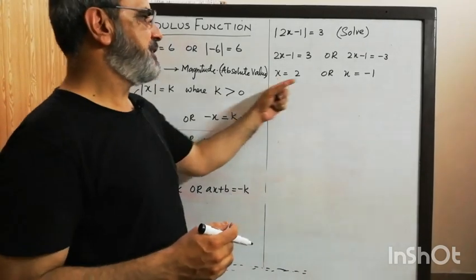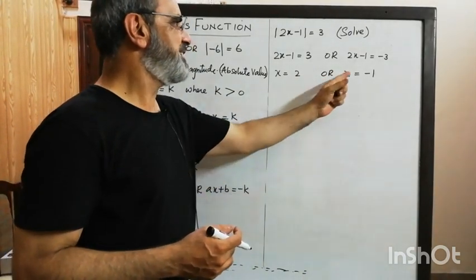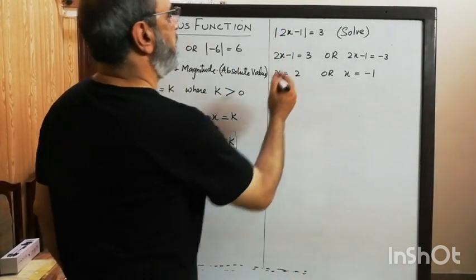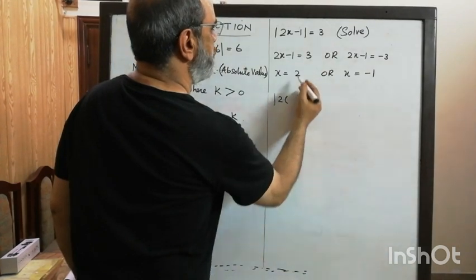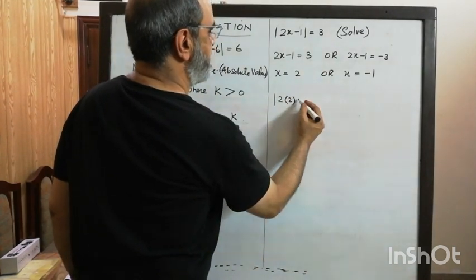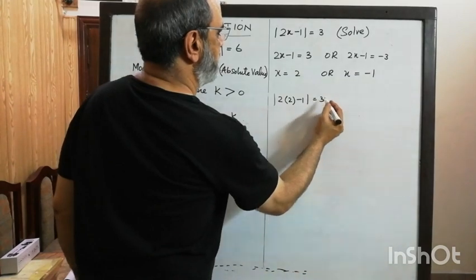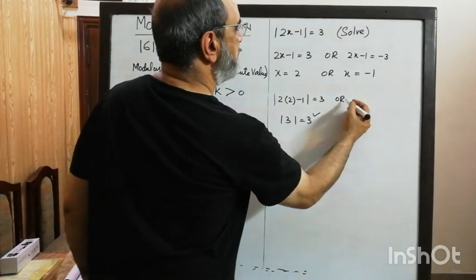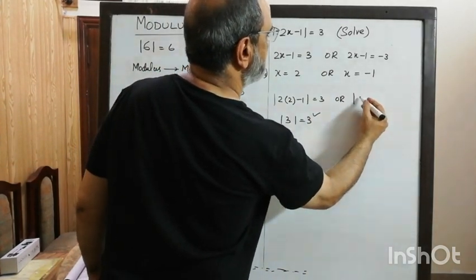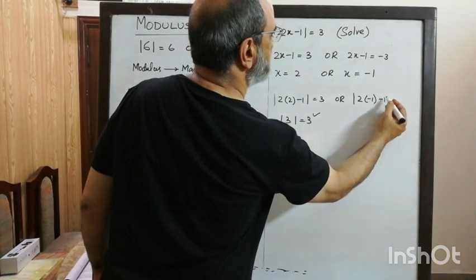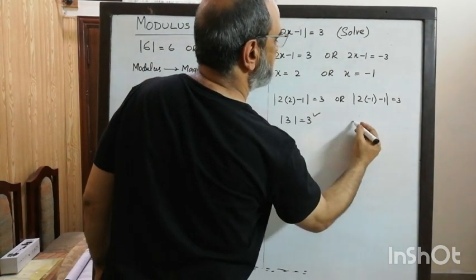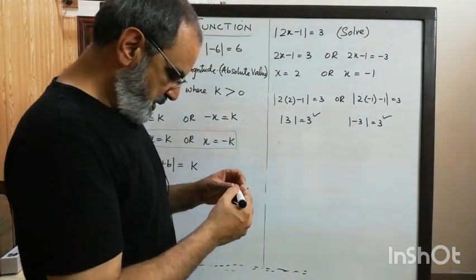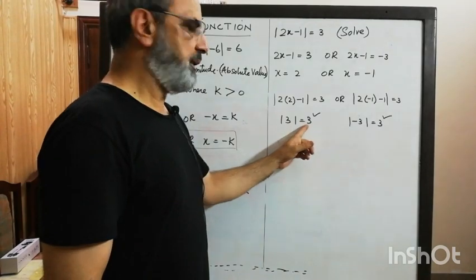But after getting these values, I must check whether they satisfy the actual equation or not. To confirm our solutions, 2 into, I'm using value of x, 2 minus 1 is 3, modulus of 3 is equal to 3, which is true. Or if I use minus 1, it is also true. Modulus of 3 is 3, it's true.